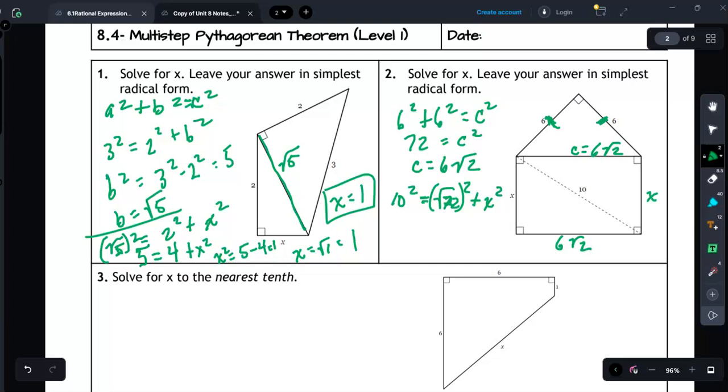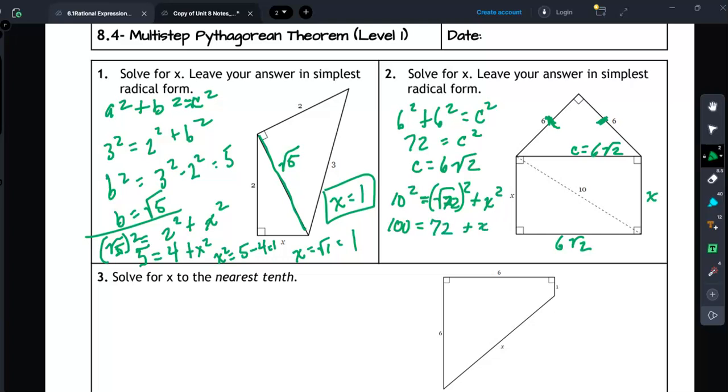Okay, have I lost anybody? Okay, so let's just solve these things. 10 squared is? Yep. Square root of 72 squared is? 72 plus x squared. So x squared is going to equal 100 minus 72, which is 28.